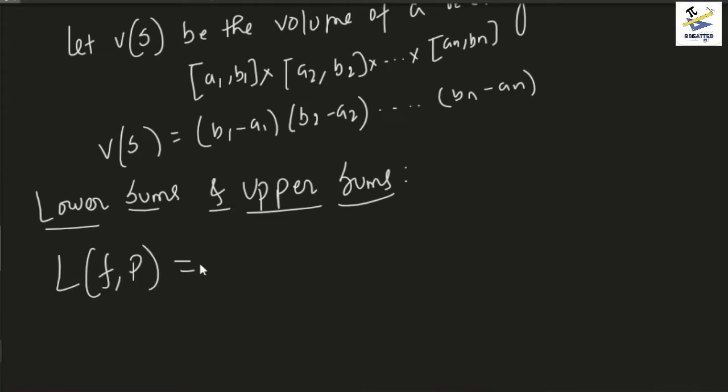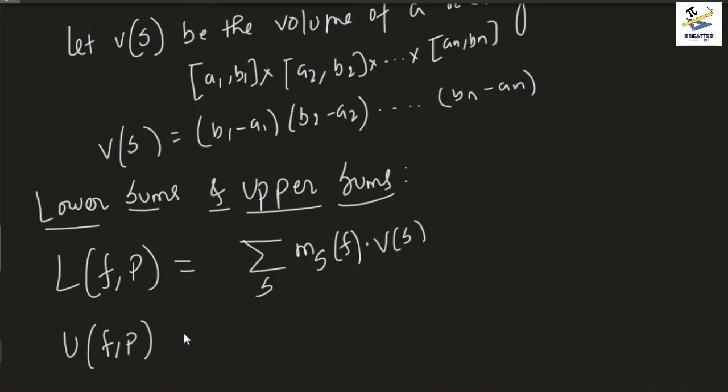L of f corresponding to the partition P is basically the summation over all such subrectangles S of small m_S of f multiplied by the volume of S. And similarly the upper sum is the summation over S of capital M_S of f multiplied by V of S, right?